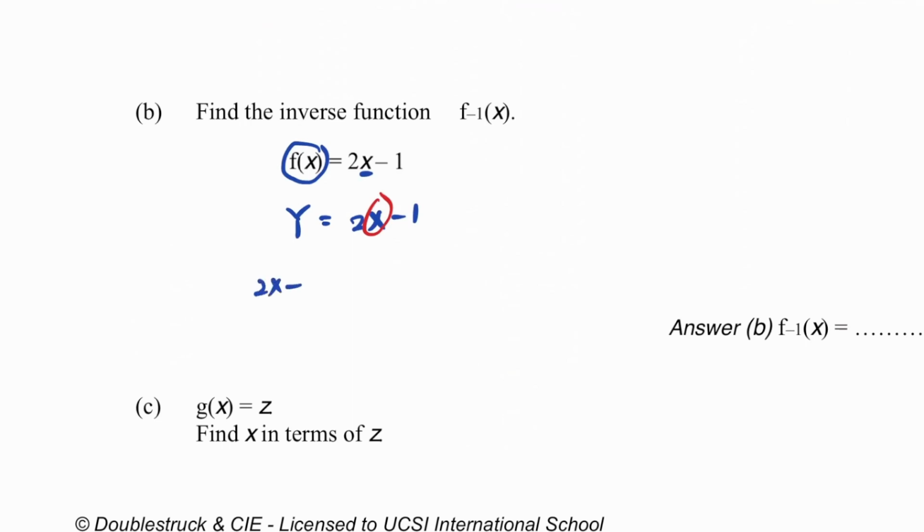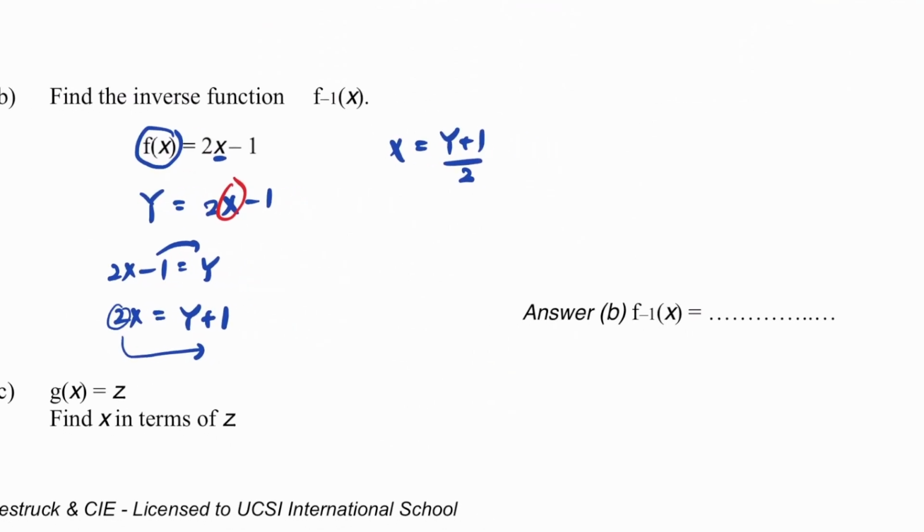So 2x minus 1 equals y. 2x equals y plus 1. Divide by 2, x is equal to (y plus 1) over 2. Remember, lastly, change it back and rewrite it. f inverse of x would be (x plus 1) over 2. This is the final answer.